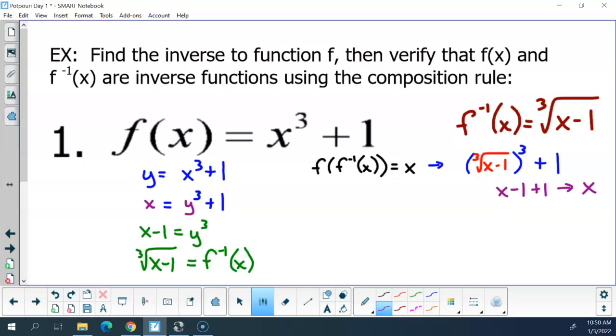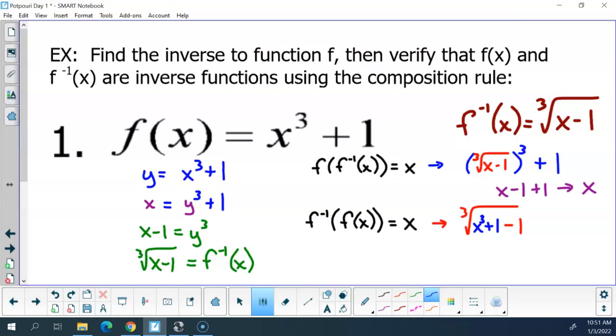Then I got to show the inverse of the function also has to be x. So now it's cube root with x cubed plus 1 inside, minus 1.